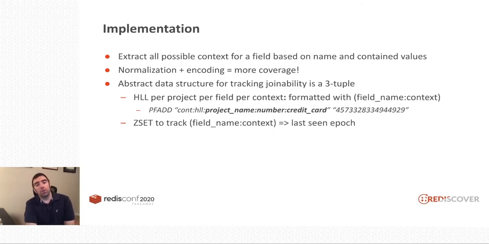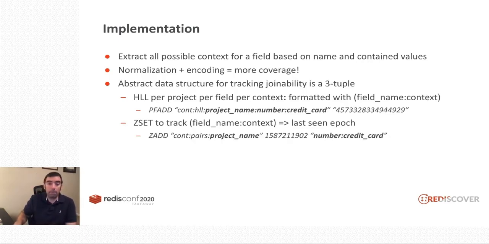Finally, one thing we can do is we can actually use a sorted set to track the pairs of field names and context to something like a last seen epoch. And this becomes useful when we want to compute the containment signatures or the values, in that we can determine which values to use based off of which ones have changed over time.